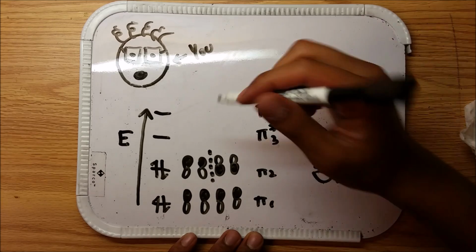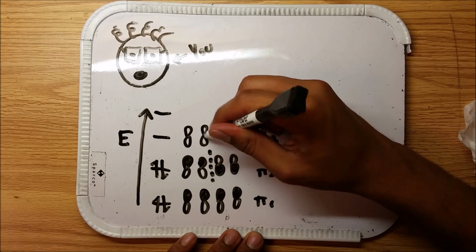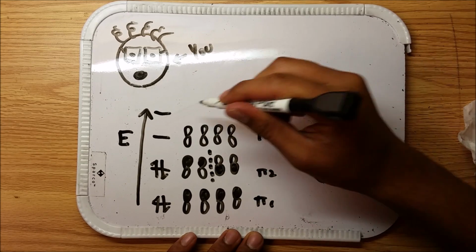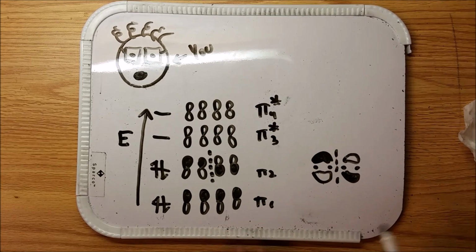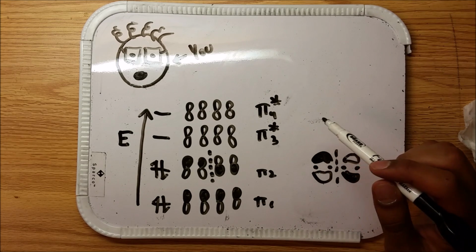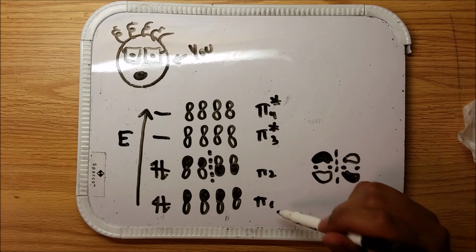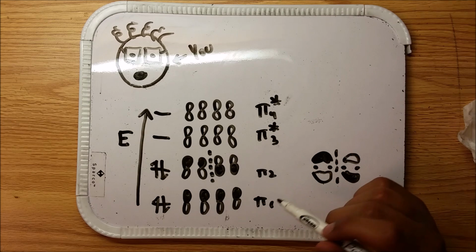So we have our 4 p orbitals, and we must draw now their phases. Now, a little hint about nodes. If we take whatever the subscript of pi is and subtract 1, we will get the number of nodes.